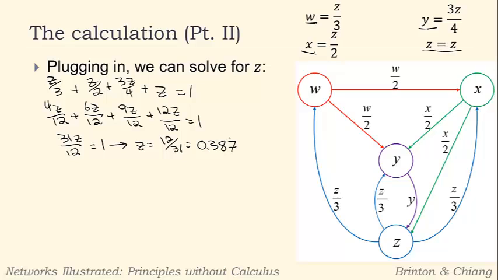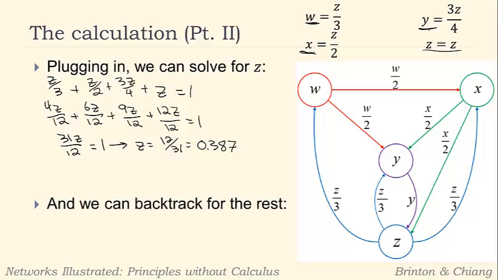It's easier to look at these in decimals because then we can more easily compare them. Now that we've solved for z, everything else will just fall out very easily because we already have w, x, and y in terms of z from our reference equations right up here. So we can backtrack for the rest. We get w is equal to z over 3, which is 12 over 31 divided by 3, which is just 4 over 31, which is 0.129.